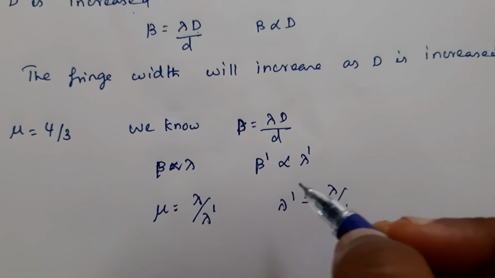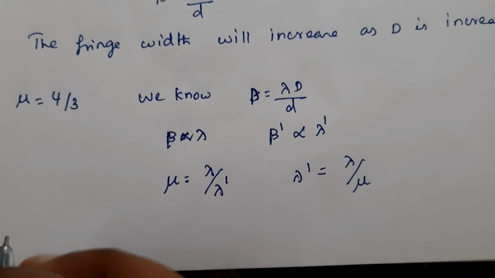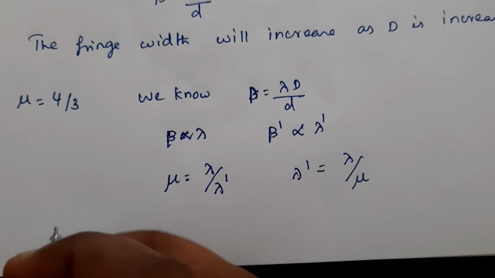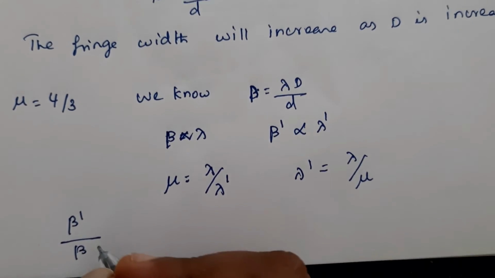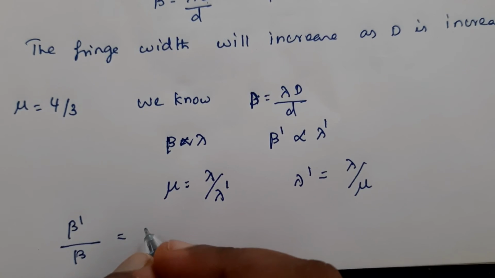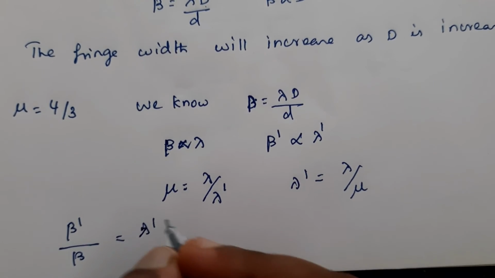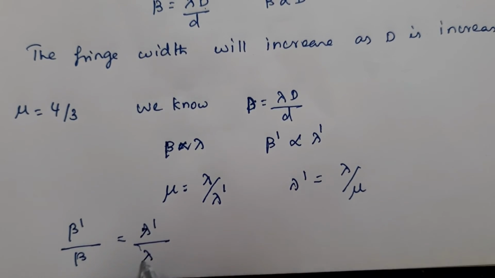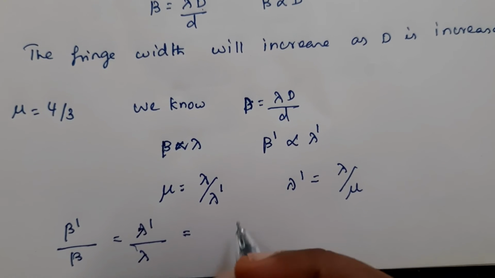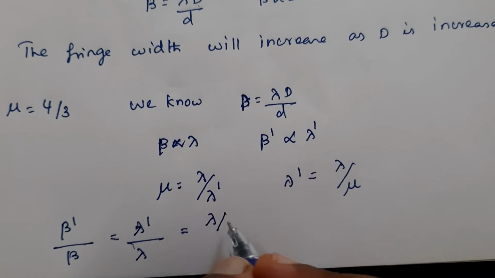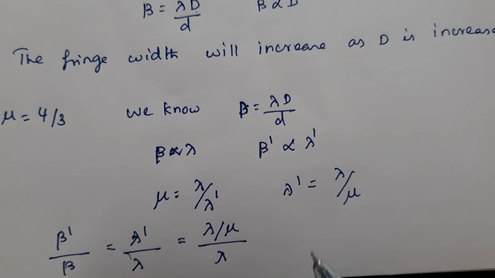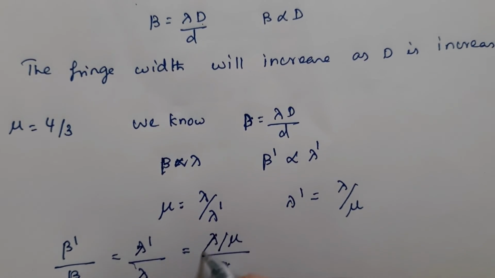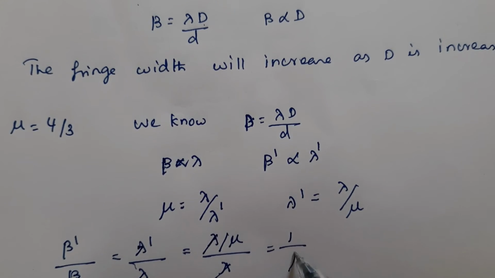Now beta dash by beta is equal to lambda dash by lambda. For lambda dash I am going to write lambda by mu, divided by lambda. So the lambda and lambda will get cancelled. So what will we be getting? 1 by mu.